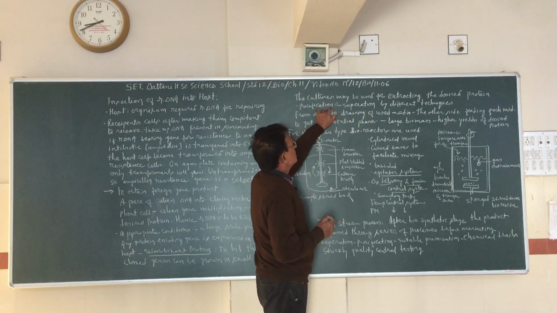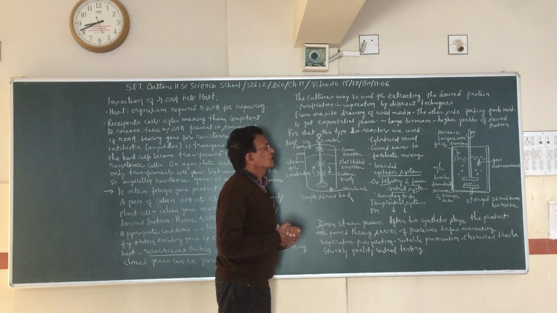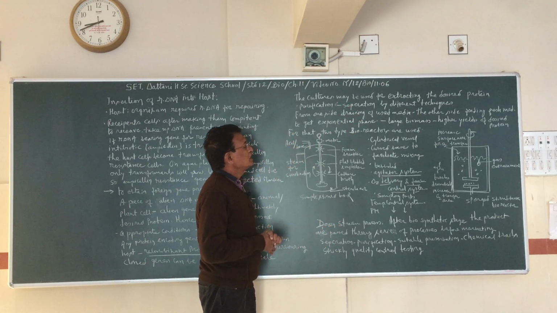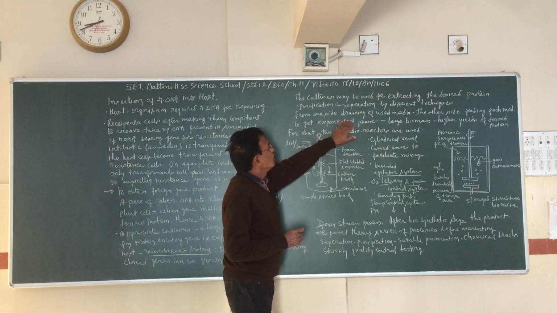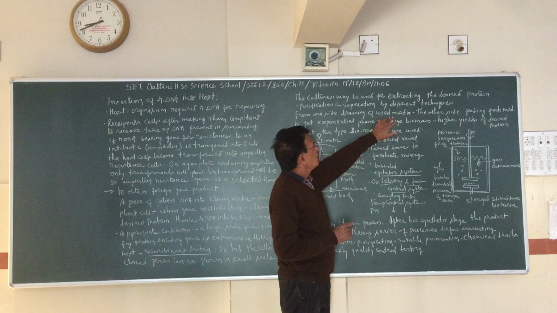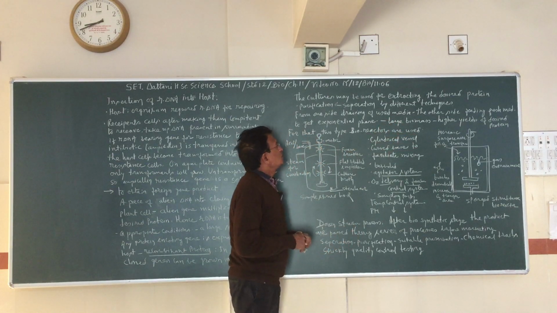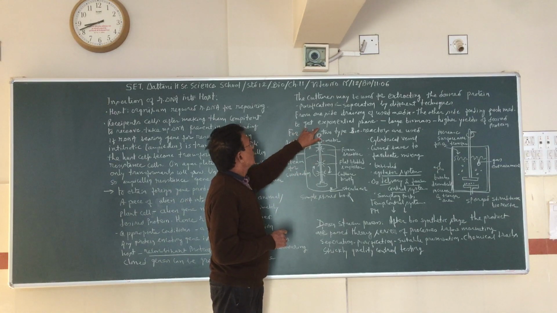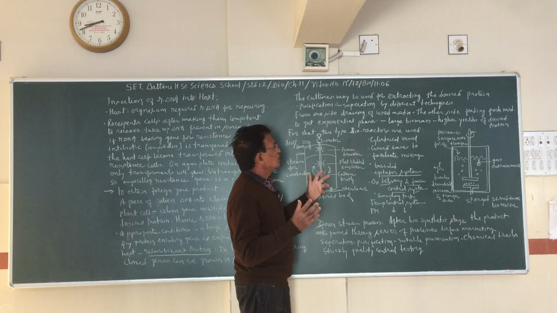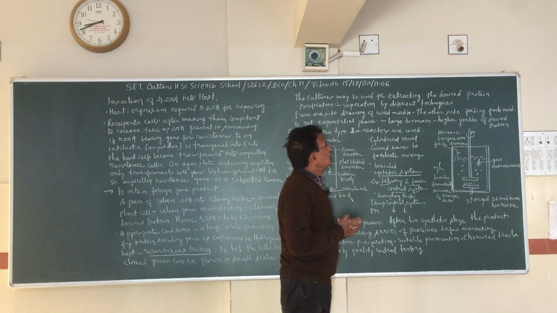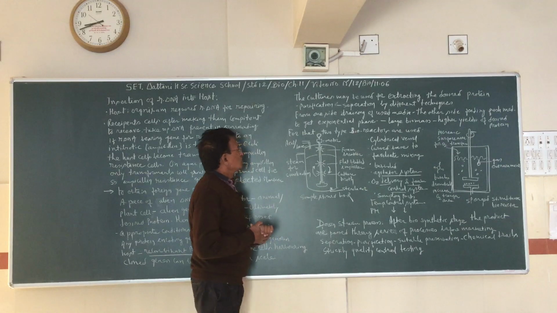Then after purification and separation, different techniques of genetic engineering are used. On one side, the used media is drained, and on the other side fresh media is fed, so we get the exponential phase, that is, a large biomass can yield the desired protein at the end.